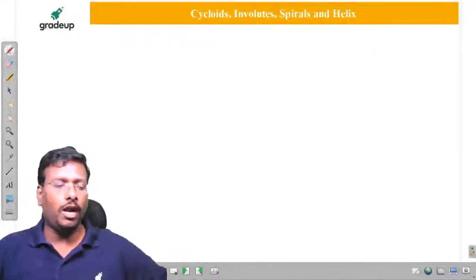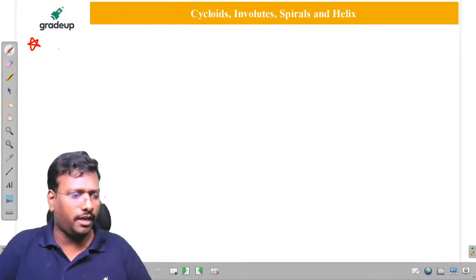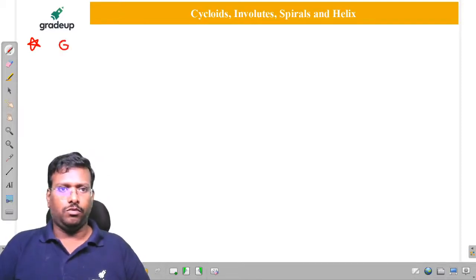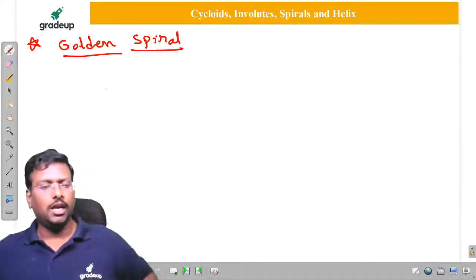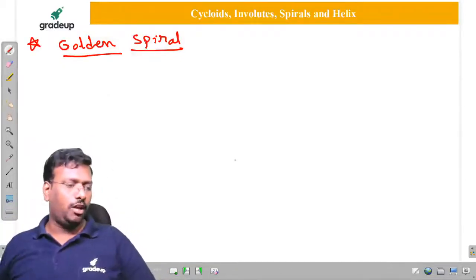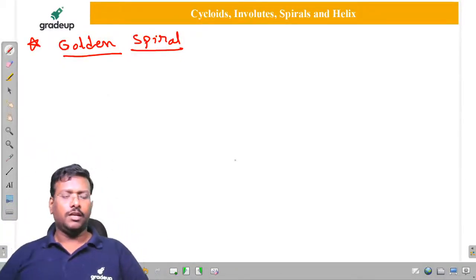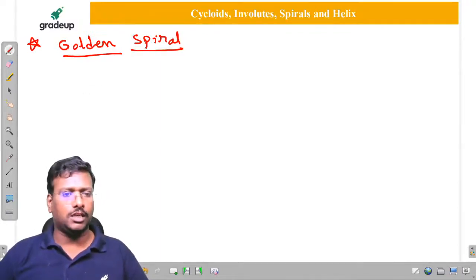Then I will move on to one more word that is most important, because we have already got this particular thing. Golden spiral. So don't think that the spiral is made up of gold, but it has another name. So how many people here, I hope you can give this answer, because those who are from civil engineering can give this answer.